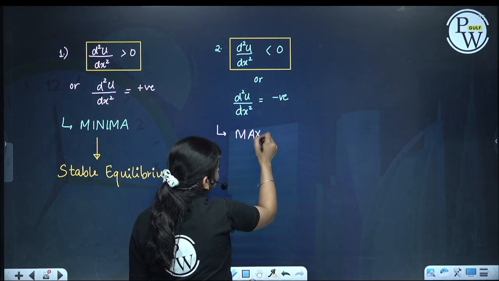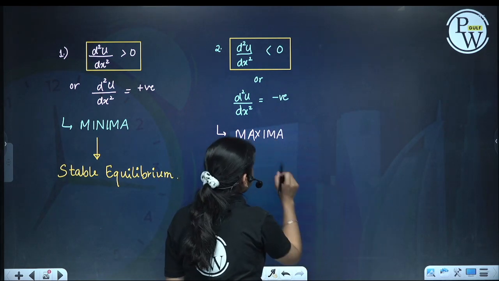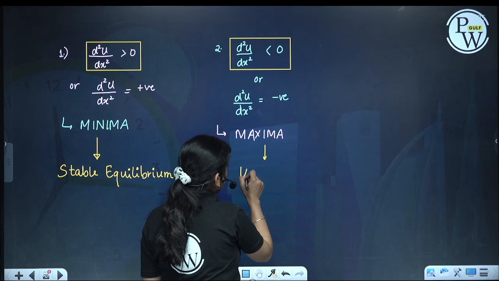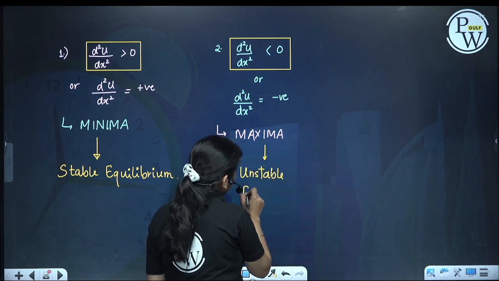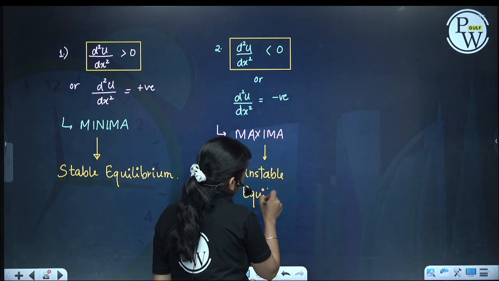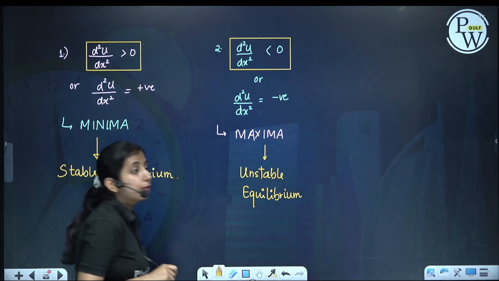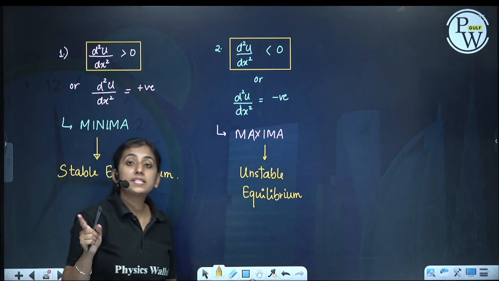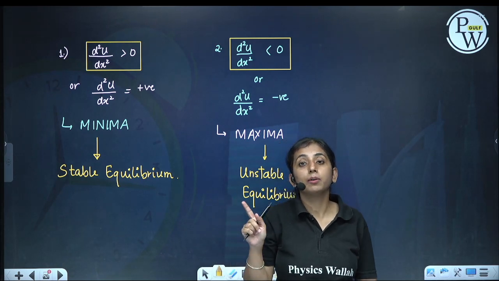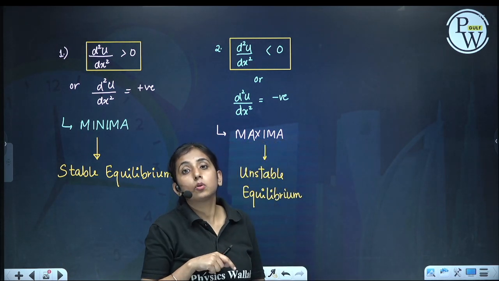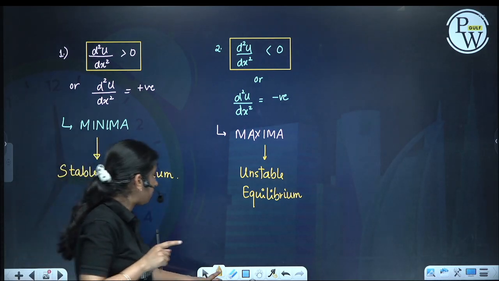Wherever we have a maximum of potential energy, it will be unstable equilibrium, because on disturbing the particle, the forces acting on the particle will take it away from the equilibrium position. That's why it is called unstable equilibrium.